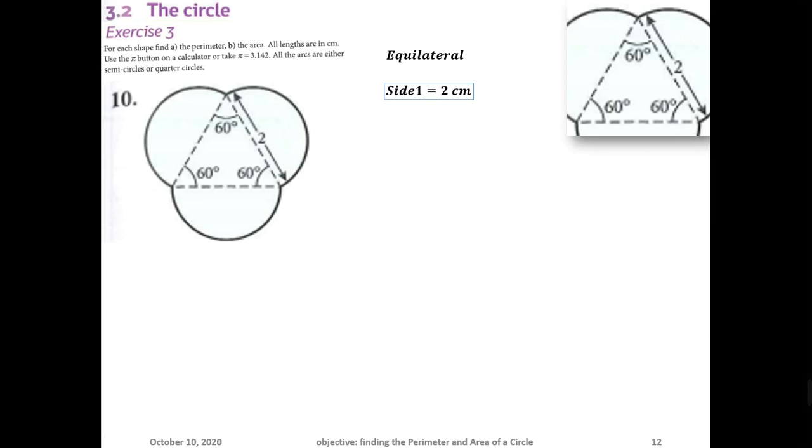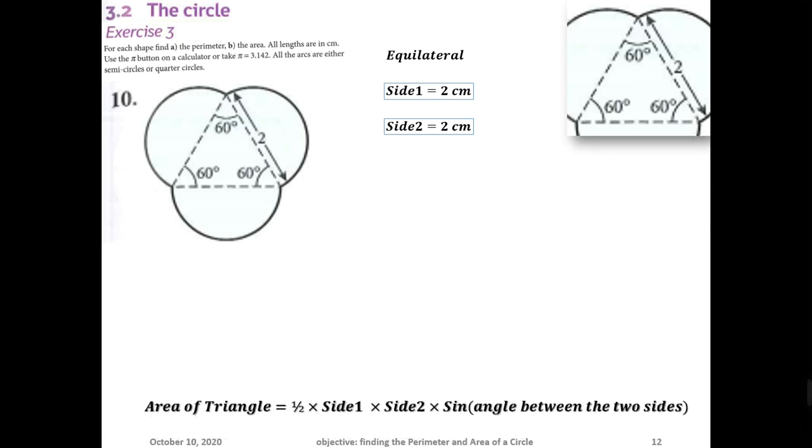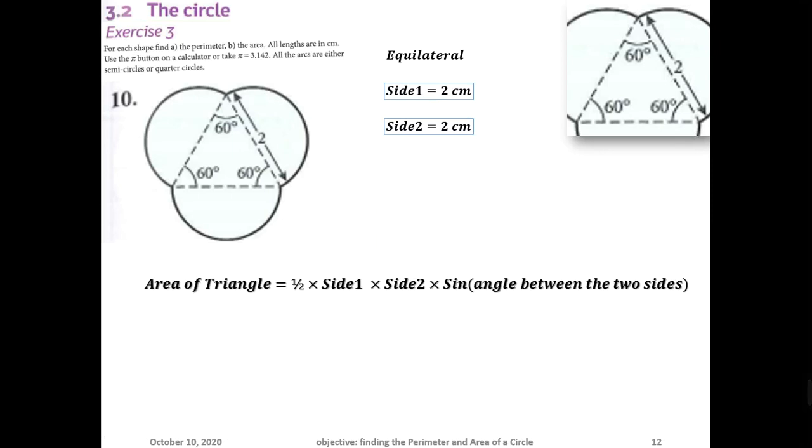So side 1 is 2 centimeters, side 2 is 2 centimeters, and since it's an equilateral triangle, the angle between any 2 sides is always 60. So the angle between the 2 sides is 60, and the general formula for finding the area of a triangle is half times side 1 times side 2 times sine of the angle between the 2 sides.